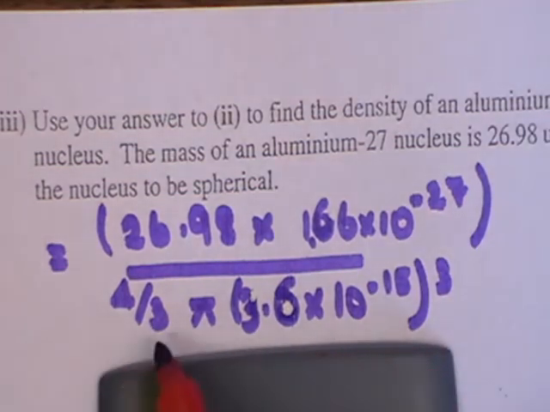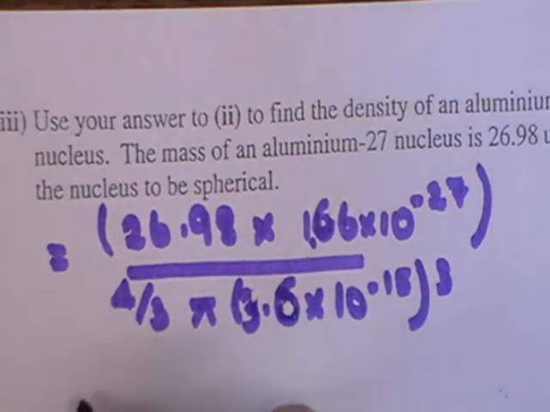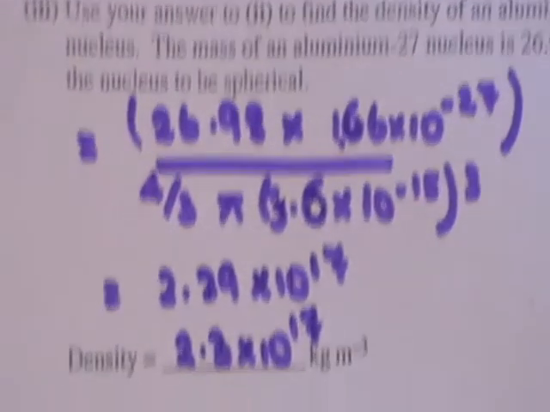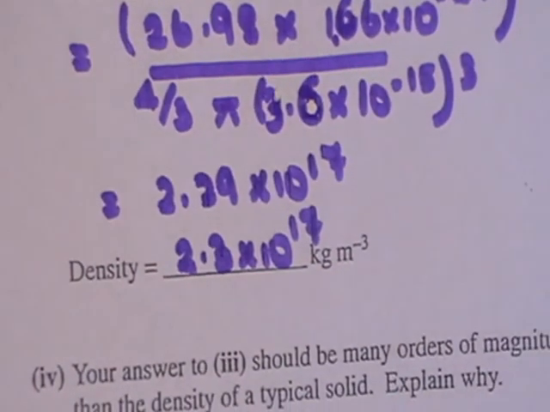And we're using 4/3 pi, and then the r that we're using is the 3.6 femtometers, so it's by 10 to the minus 15 all cubed. And that answer comes out to be 2.29 by 10 to the 17, or you could round that up to 2.3 by 10 to the 17. So that's an absolutely massive density.